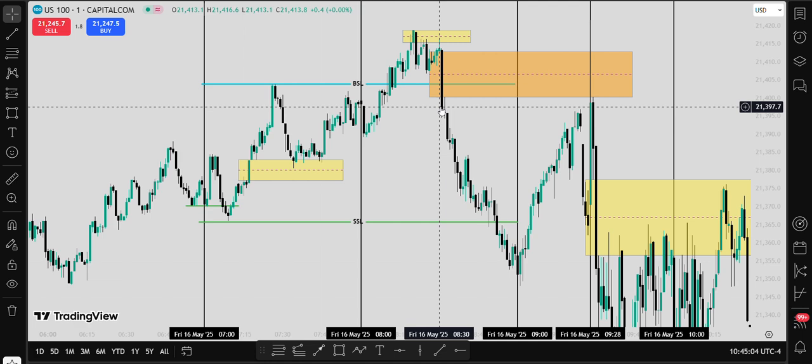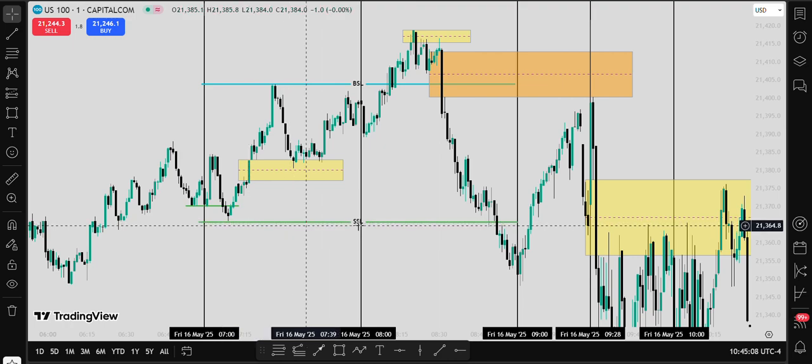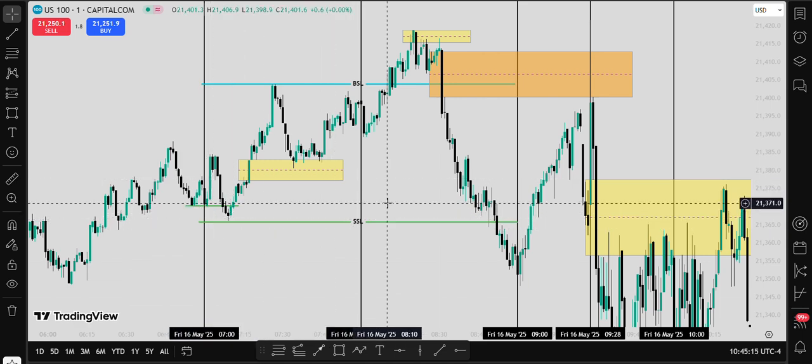Now this fair value was not retested, but the market just sold off and ran for this sell side liquidity that was created in the beginning, that is after 7.